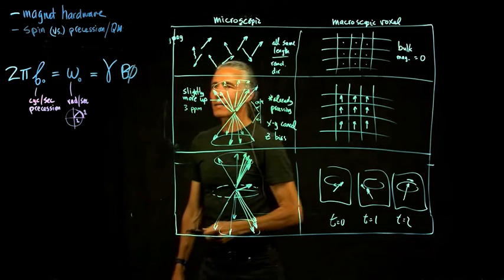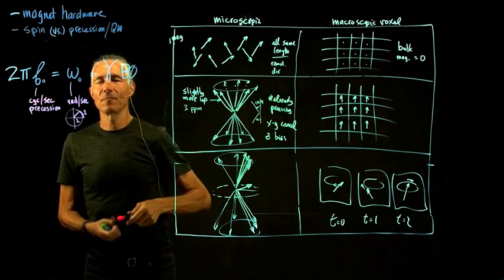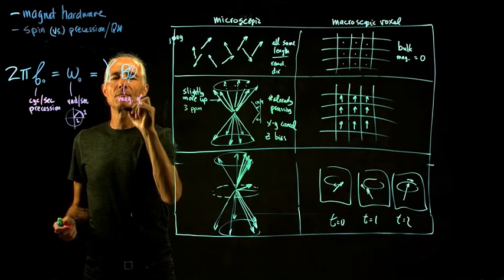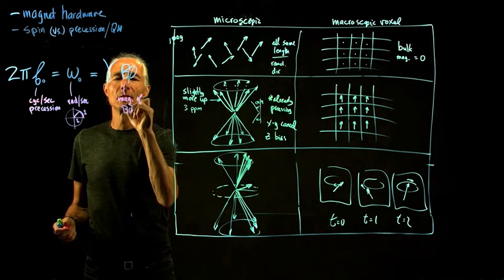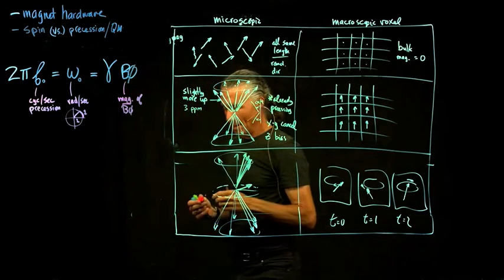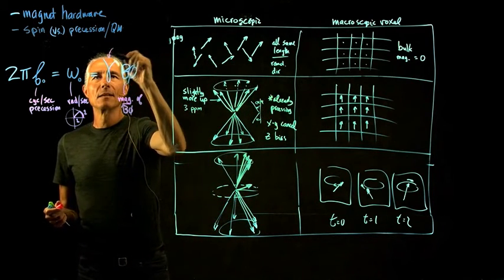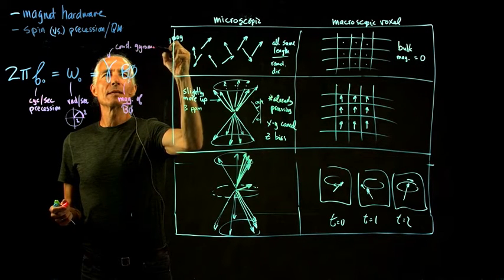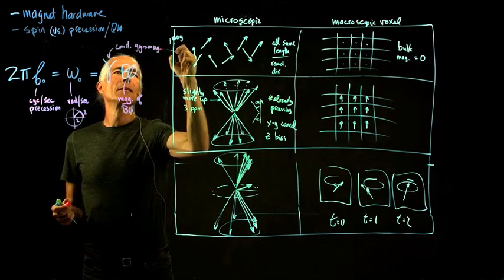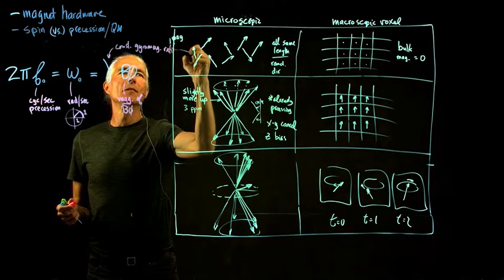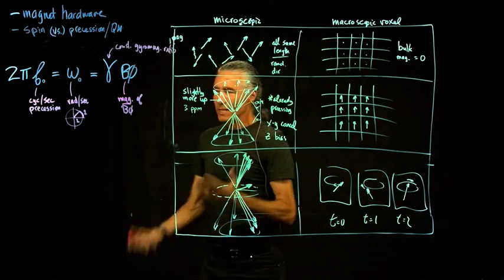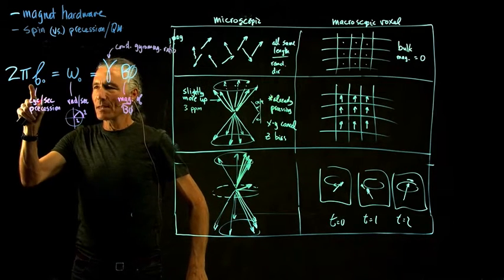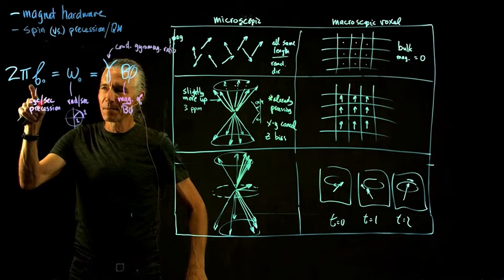So that's not a vector, this is just the magnitude of B0. And gamma is just a constant, the gyromagnetic ratio. So that's really easy. All that says is that whatever you set the B0, that just tells you what the frequency of precession is. It's much easier.